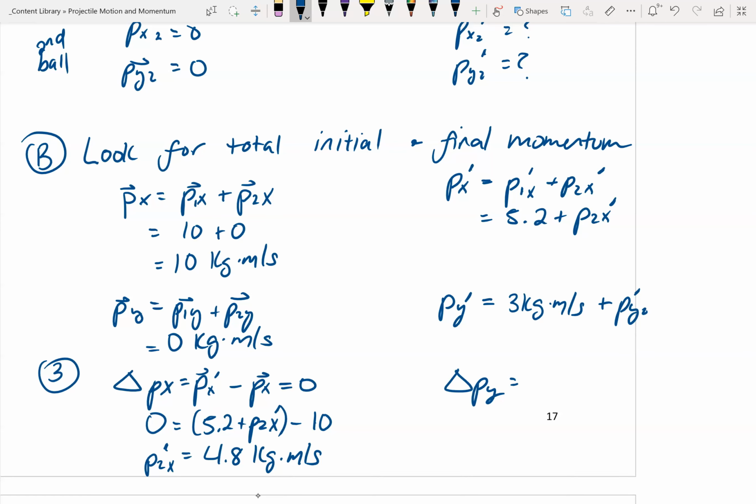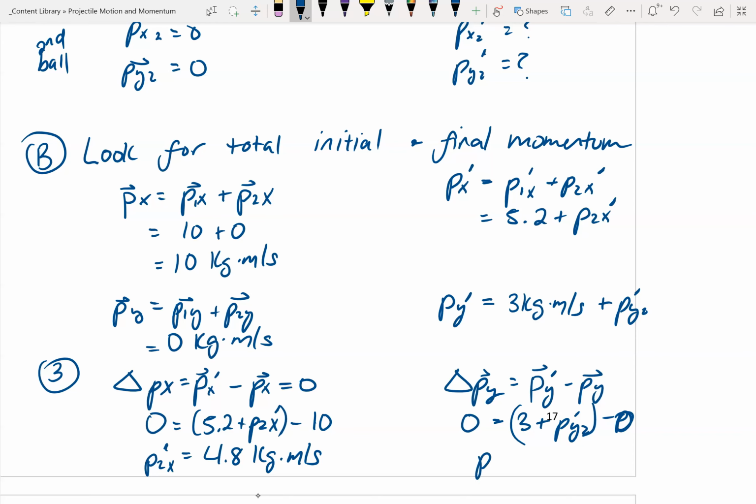Now look at our y direction. The change in py is py final minus py initial, and this is supposed to be 0. Py final is 3 plus py2 prime, and then minus our initial py, which is just 0.